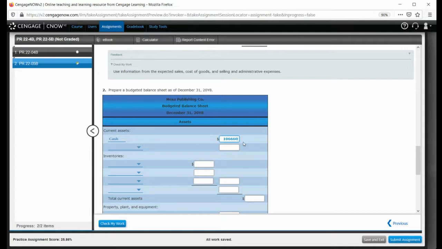We will cover this amount in my summer class for ACC 122 if you are an accounting major. If you're not an accounting major, don't worry about it. You're okay. As long as you know that cash is a current asset, I'm happy with that. I'm going to give you the amount of cash.